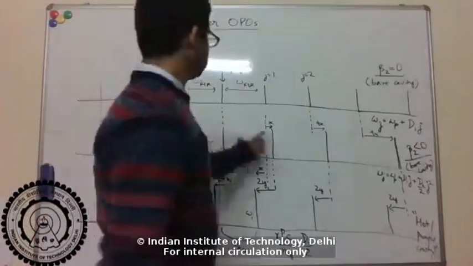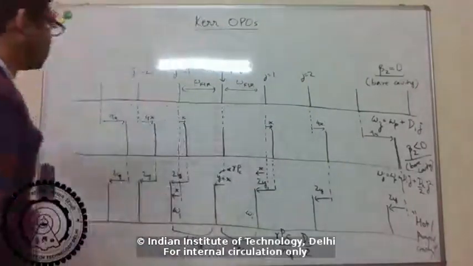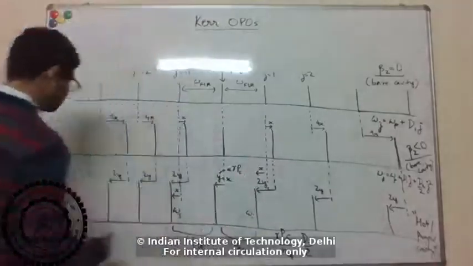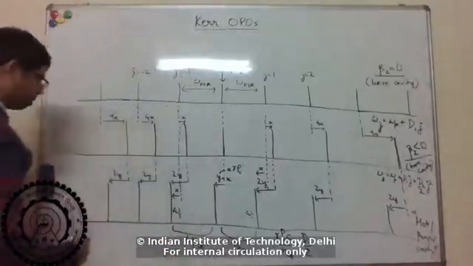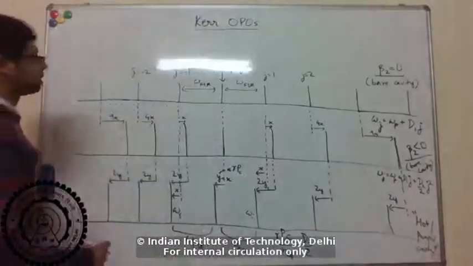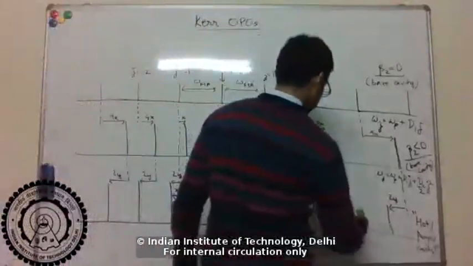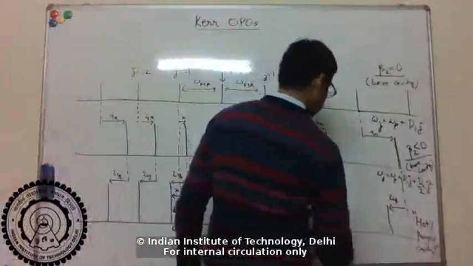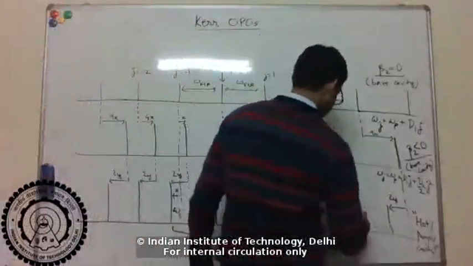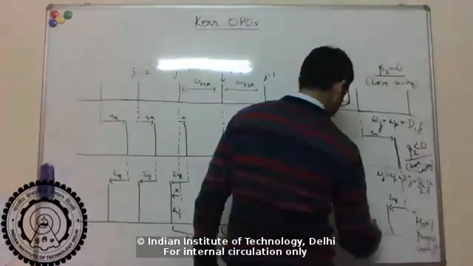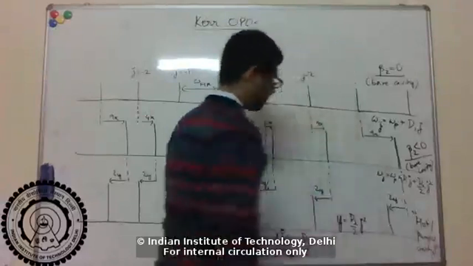But we could also get other modes to oscillate. So for example, in general, if y was equal to this D2 by 2 times some j squared for some value of j.